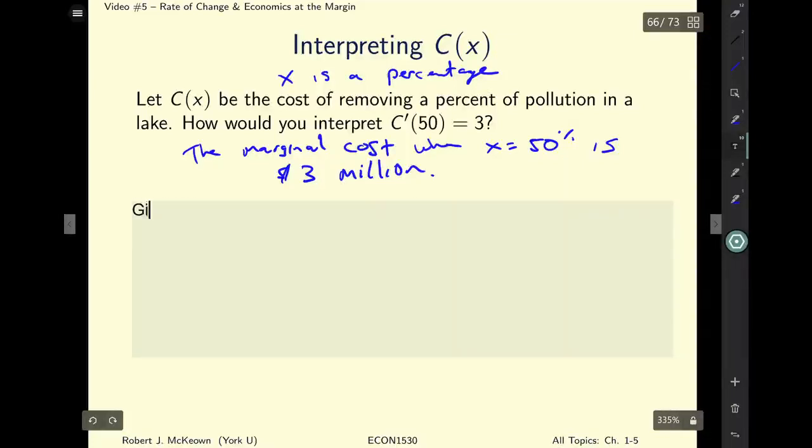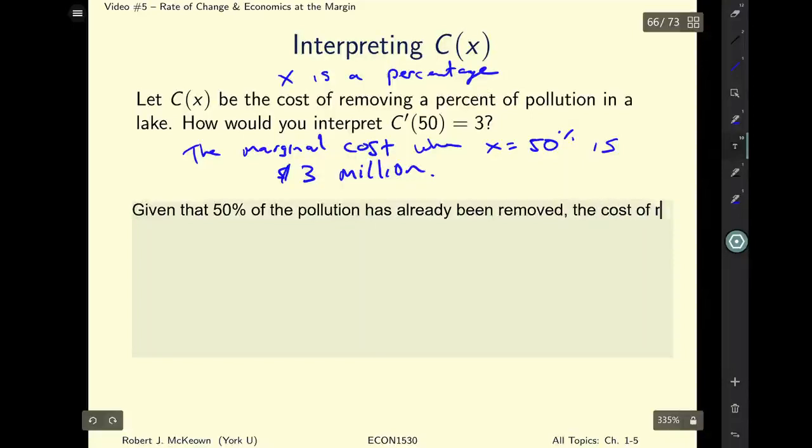Well, I would say, given that 50% of the pollution has already been removed, the cost of removing 1% of the pollution is $3 million.